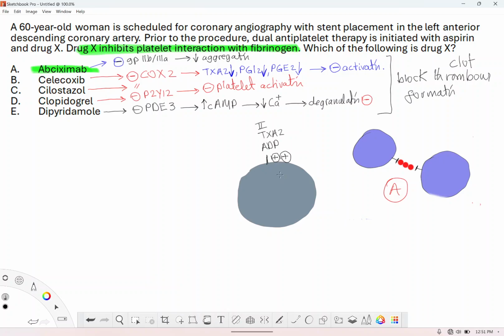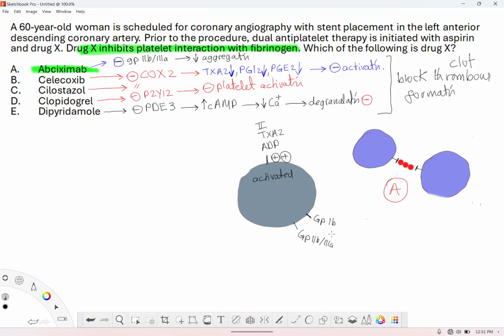When you activate platelet, what does it mean? Number one, activated platelet. So I'm going to write here activated platelet. Activated platelet will express on its surface glycoprotein 1b. Activated platelet will also express on its surface glycoprotein 2b, 3a.